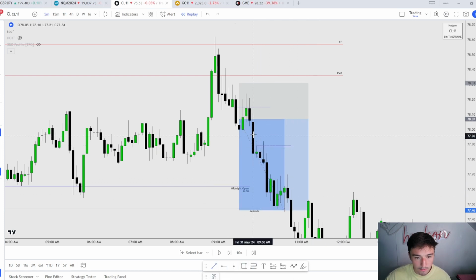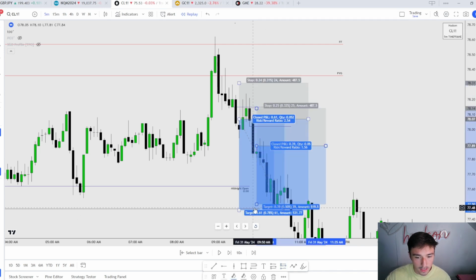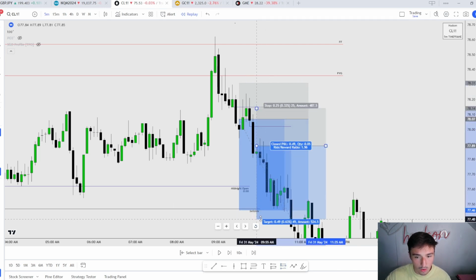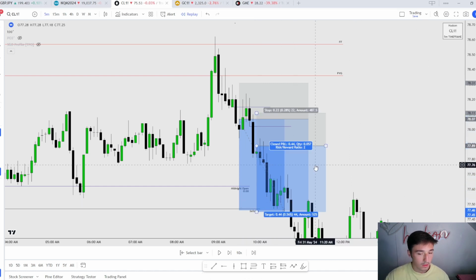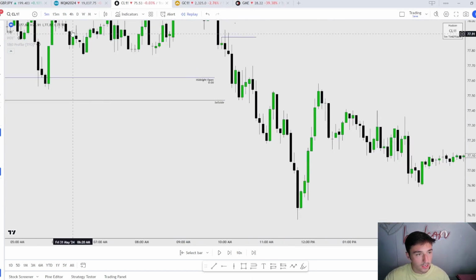Accumulation again, right here in this fair value gap. If you didn't want to take that first one, risk off up here, target that sell side, or a 2R, but you would most likely want a 2R at that sell side. So right there, boom. So as you see, fourth candle expansion delivers us way lower.